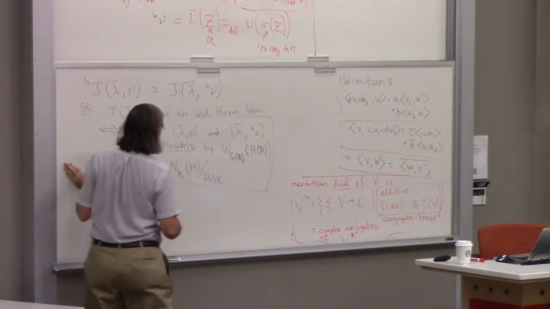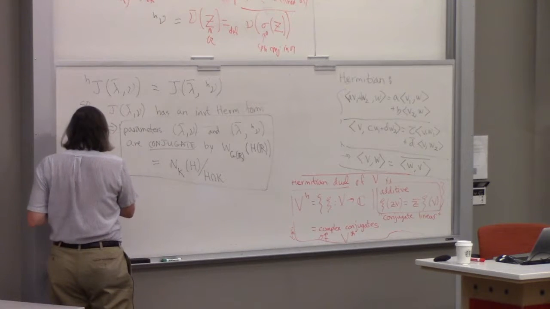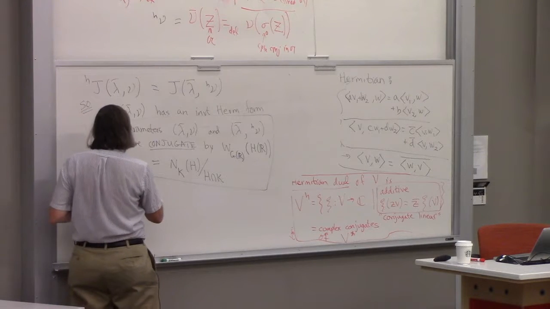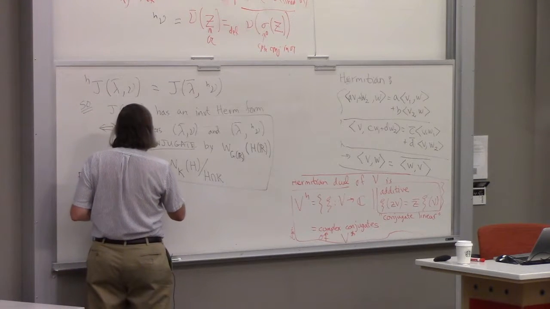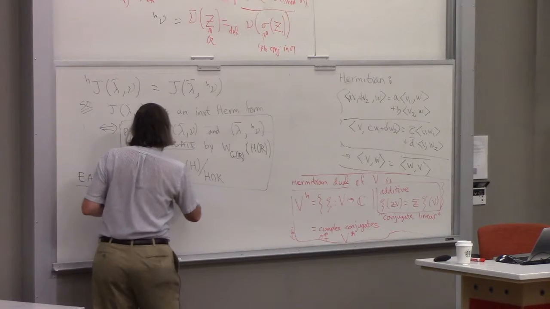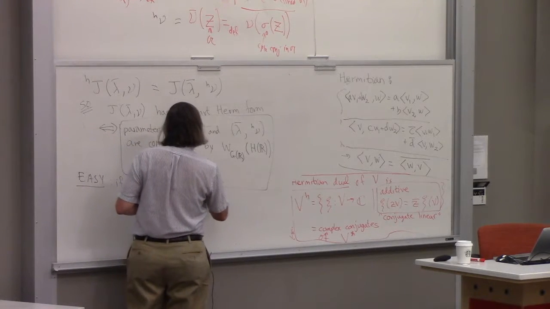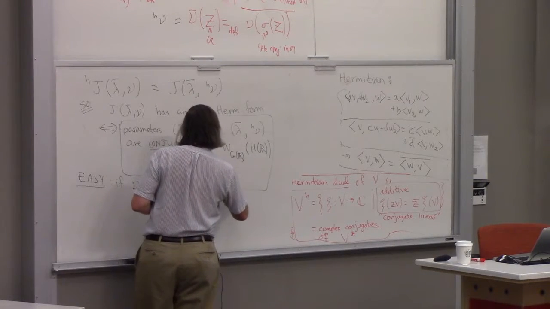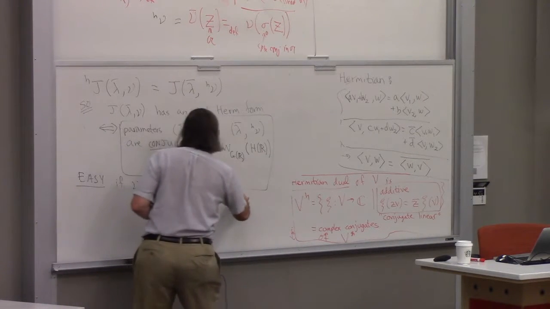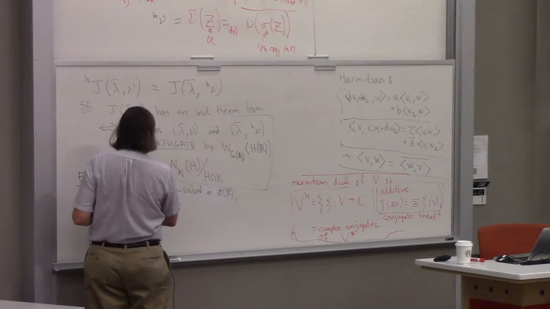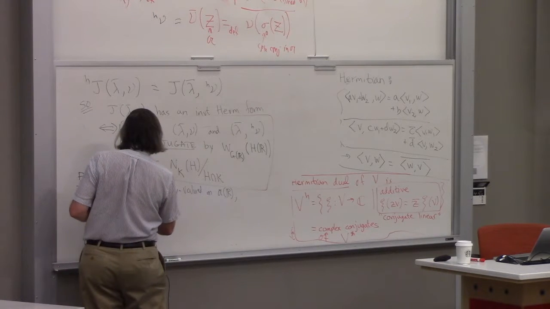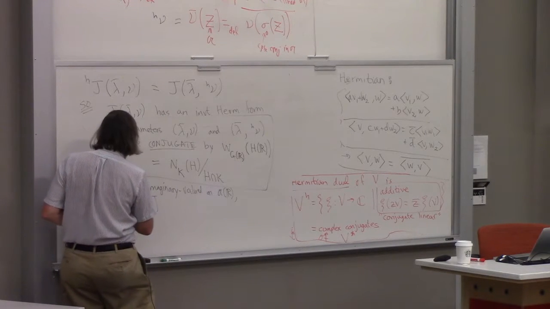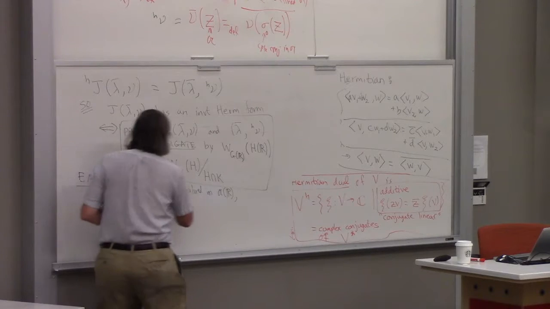Okay, so the easy case here is if nu is imaginary valued on this A of R. Then that's actually equivalent.